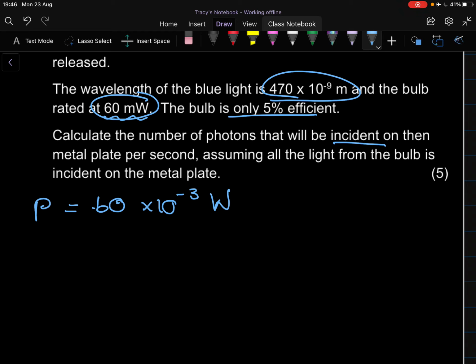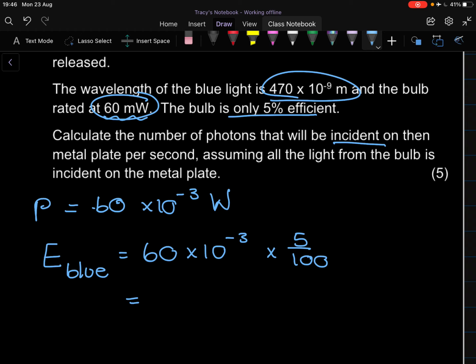Is my energy of my blue light, or the power, is going to be 60 times 10 to the minus 3, times 5 over 100. So this energy in terms of rate, okay, in fact, no, I'm going to put this as power.